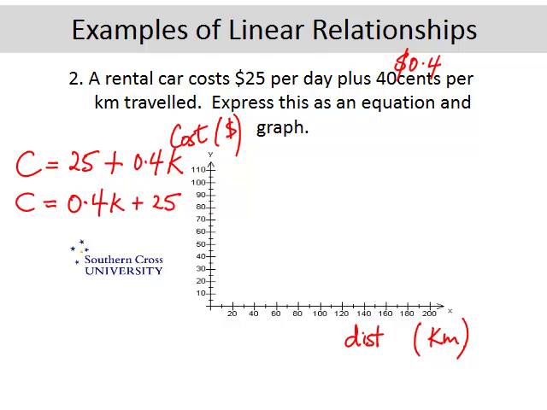So if we're to plot that, if we rent the car for the day and don't do any kilometres, it will still be $25. On the other hand, if we go for 100 kilometres, 100 times 0.4 is 40, plus 25 is 65.